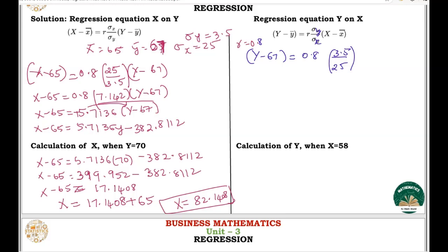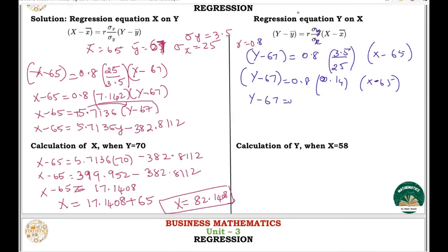So y minus 67 equals 0.8 into 0.14, into x minus x bar, which is x minus 65. Now 0.8 into 0.14 will be 0.112. So y minus 67 equals 0.112 into x minus 65.